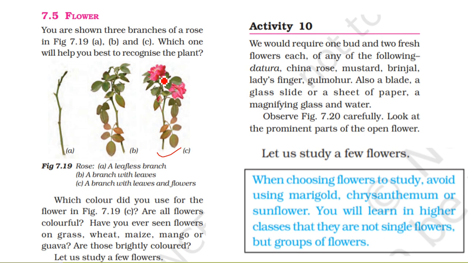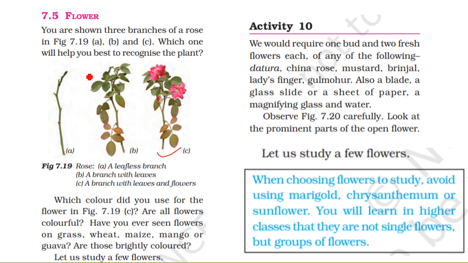So the flower also helps us to recognize the plant in the best way. It is of different color. It is bright, and some of them have fragrance. We have seen that some flowers develop into fruit, right? So it is also a source of fruit.